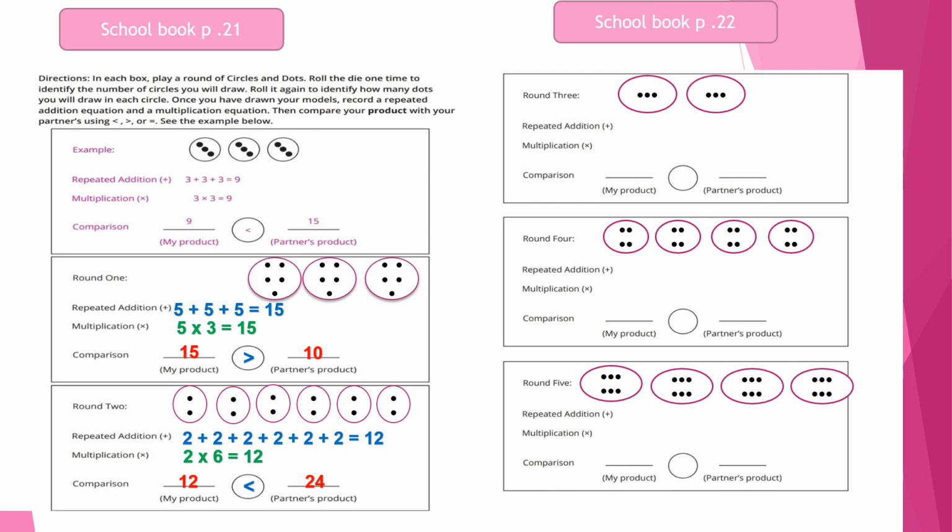By multiplication, I will ask myself, what is the number I repeat? 3. How many times do I repeat 3? 2. So it's 3 times 2 equals 6. My product is 6 and my partner's product is 32. He is bigger. In the same way, you can continue the rest of the exercise.